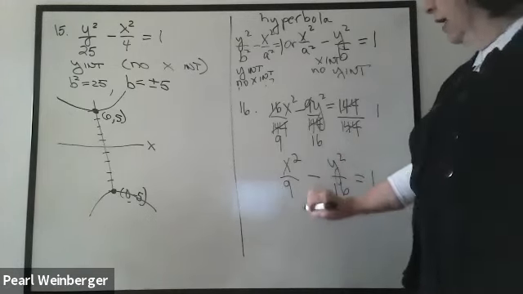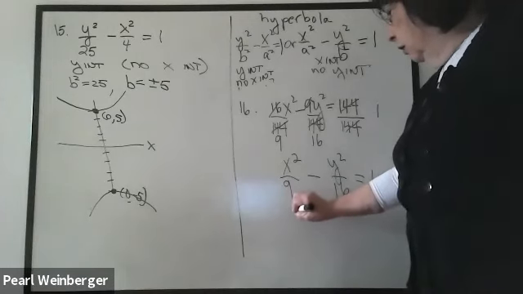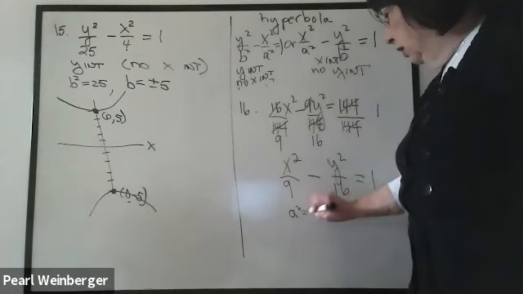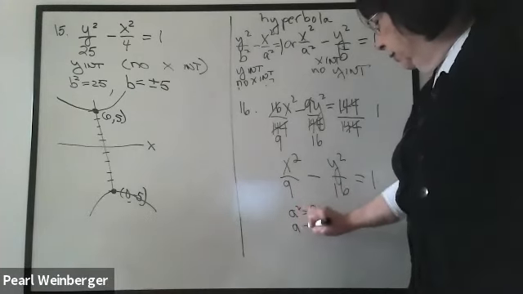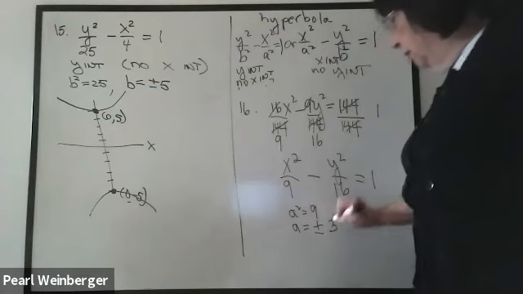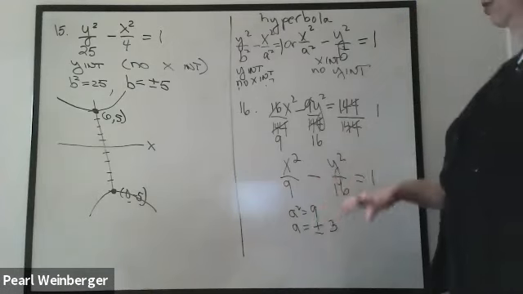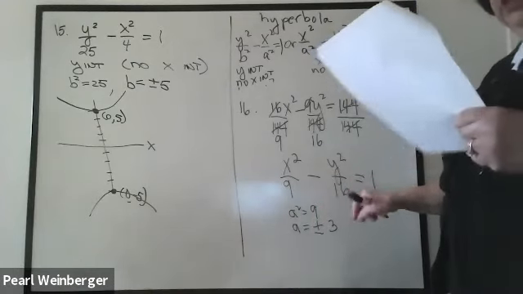And that means I have x-intercepts. Since my a² is 9, my a is going to be plus or minus 3. My x-intercepts are 3, 0 and negative 3, 0. Again, there are no y-intercepts for this one.